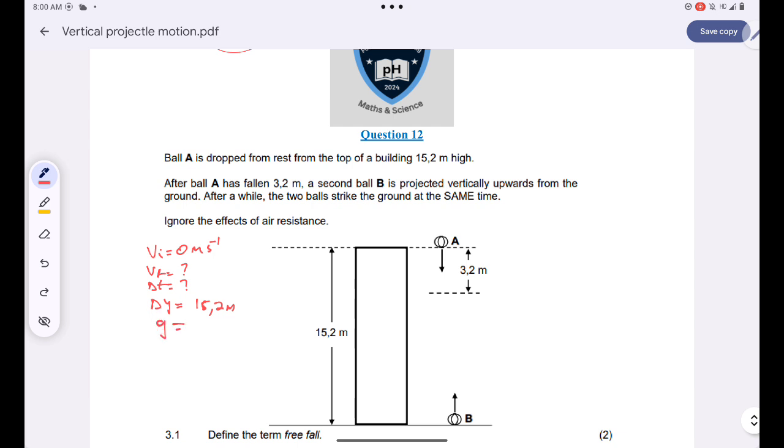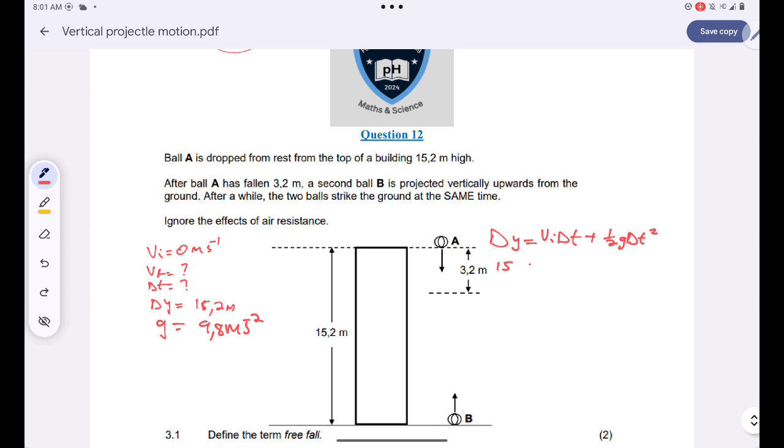Because I've chosen down to be positive, the gravitational acceleration will always be positive. I just want to find the time it took the ball to reach the ground. I must use an equation that doesn't have a final velocity, so I'm going to stick with equation 3: delta y equals Vi delta t plus 1 over 2 g delta t squared.